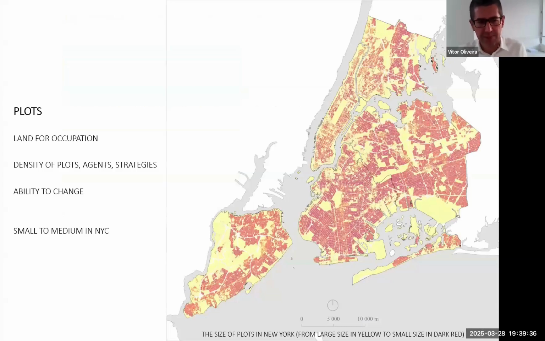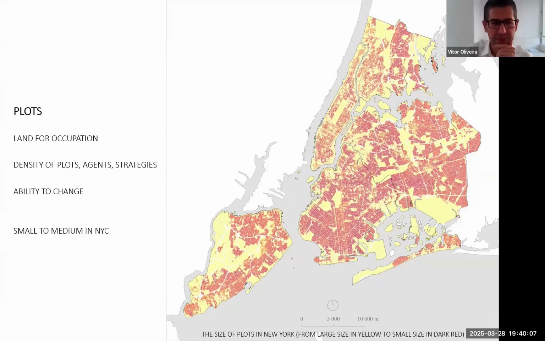When we look at the land occupation, we identify the street blocks, and one important thing is how these street blocks are divided into plots. Simplifying a very complex thing, I would say that the higher the number of plots that we have on a street block, the higher the number of agents and strategies.